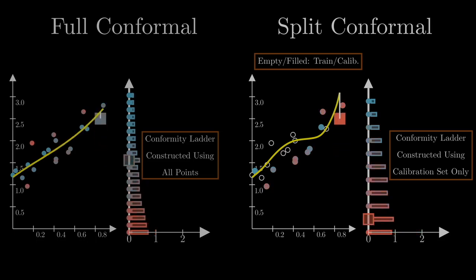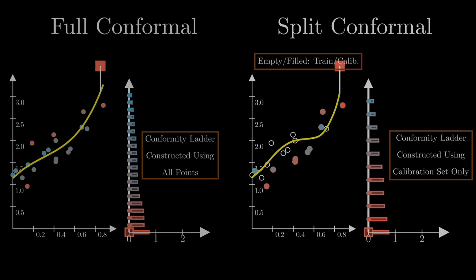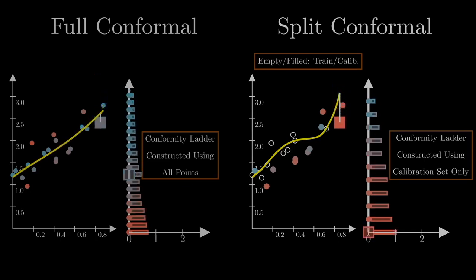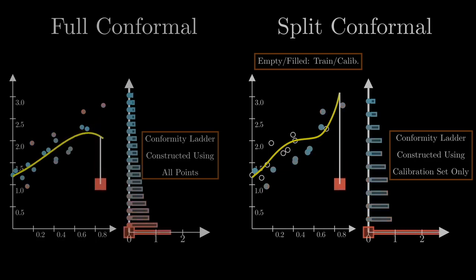With full conformal methods, the model is fit using all points including the test, which means moving the square will change the model. Whereas with split conformal methods, the model is fit on the training set only and not on the calibration set or the test point. So moving the test point around does not change the model, which means the model needs to be fit only once.